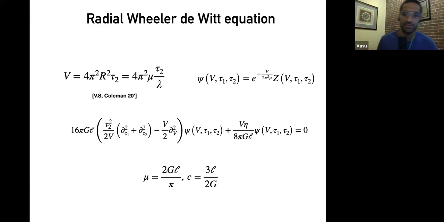It's 3/2 of L over G. So the ratio is c and the product is related to mu. This is a very simple translation. So the bulk interpretation is just manifest by looking at a different set of variables for writing this equation down. So here's our bridge.